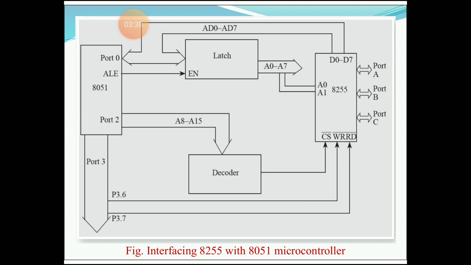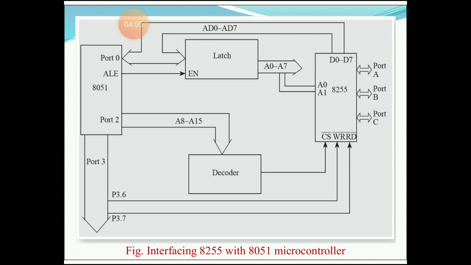Port 2 carries higher order address lines A8 to A15. These address lines are given to the decoder. The decoder decodes those address lines and generates a chip select signal which enables the IC 8255. The latch stores the lower order 8-bit address A0 to A7.